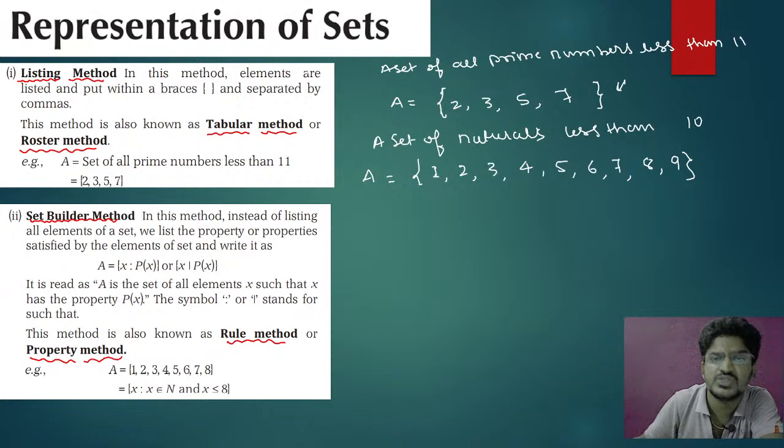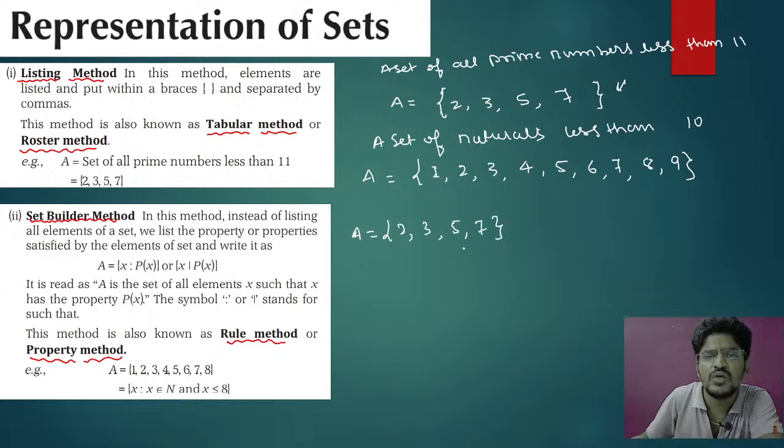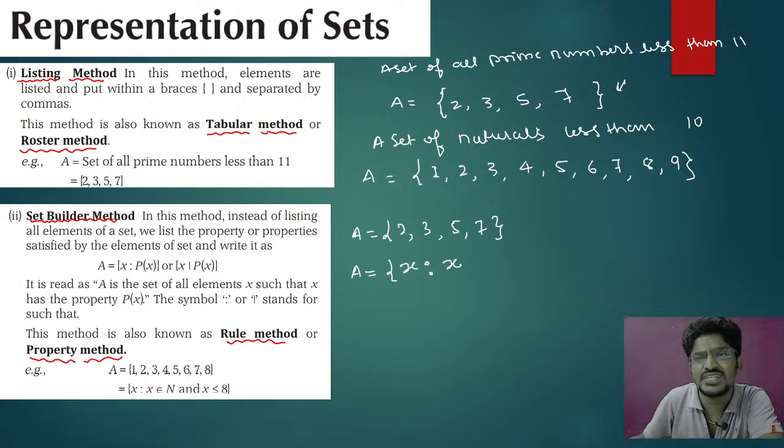See the same example, set A equal to 2, 3, 5, 7. Now I have to write it in set builder form, rule method or property method. How am I going to write it? A equals set of x such that x is less than 11, and you can also give a comma here, x is a prime number.